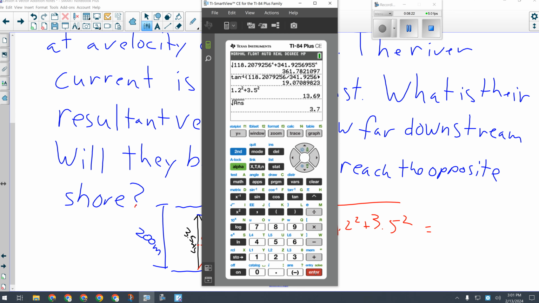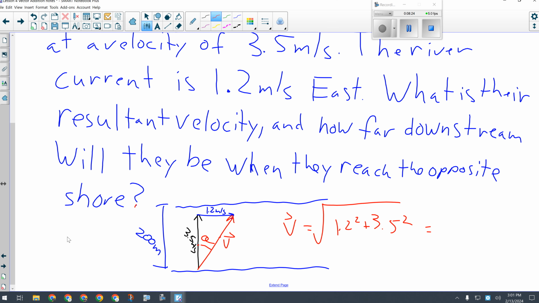So our resultant velocity is 3.7 meters per second. Along this line, we have to find that angle.